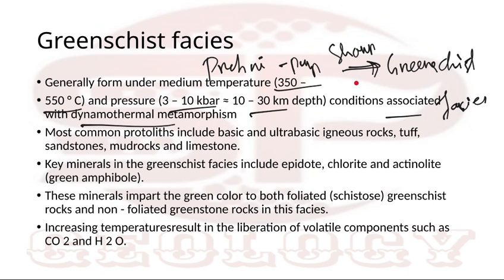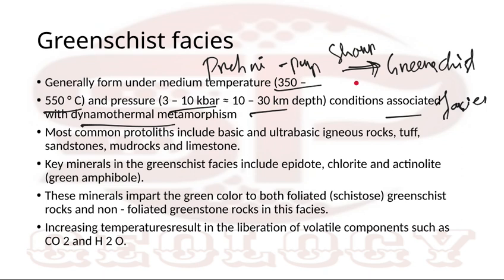In every facies, like in the granulite facies, you will get a signature of the amphibolite facies. In the eclogite facies, you will get a signature of the blueschist facies or granulite facies. In prehnite-pumpellyite, you can get a signature of laumontite and zeolite. But in the case of greenschist facies, you will not get any signature of prehnite and pumpellyite.